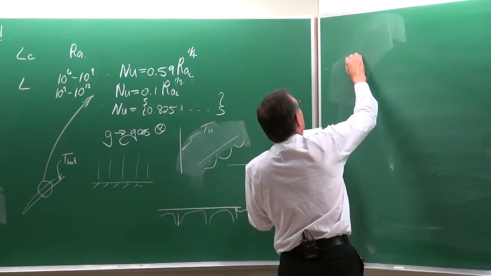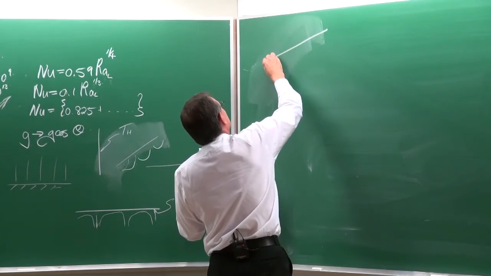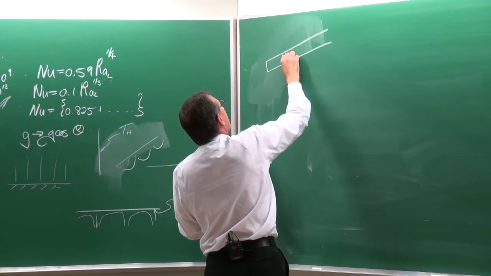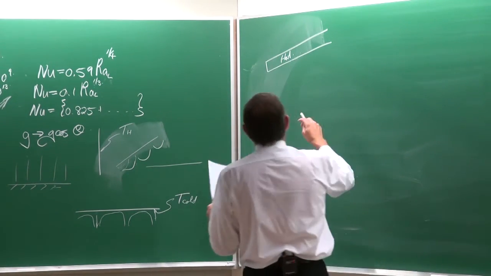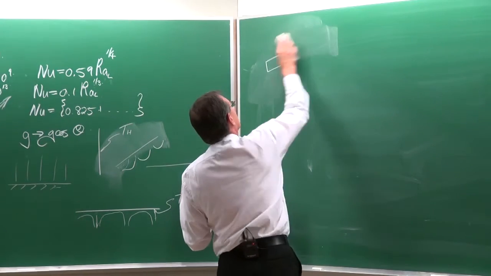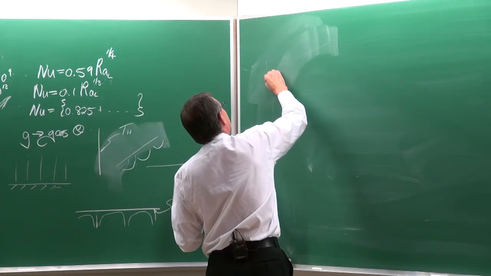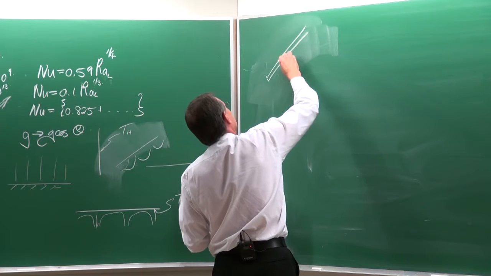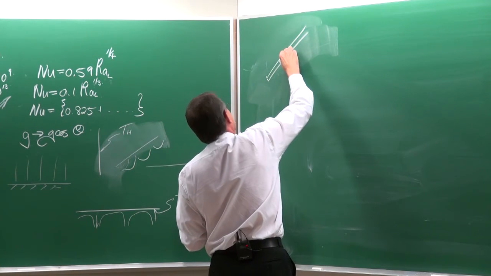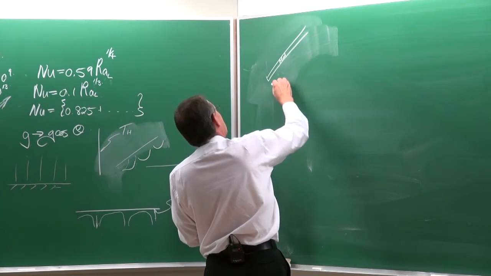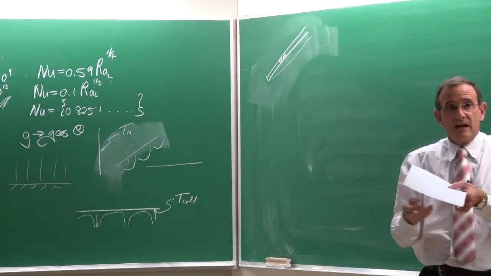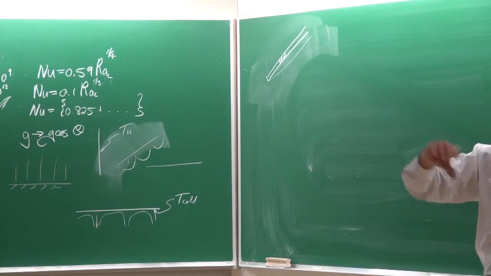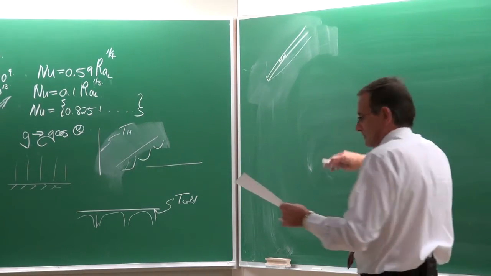So you can have, for example, a hot plate. Let me just increase the angle a little bit, like that. So that's a hot plate. So if it is hot, then the boundary layer underneath is going to develop, and it's going to increase in thickness.